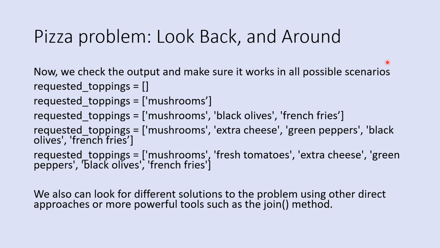But we had to think piece by piece, how do we achieve the task that we want to achieve? What do we have to do? How do we get from where we are to where we want to be at the end of it? And then on this slide, looking back, checking our work, coming up with enough test cases that will cover all of the scenarios that are important.